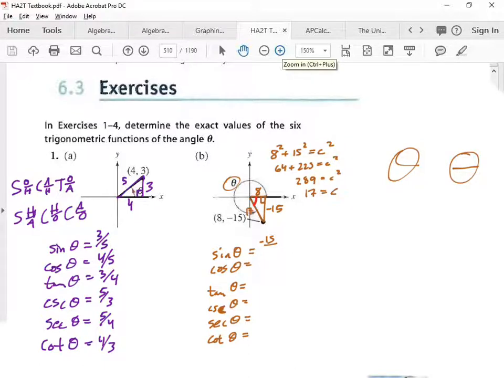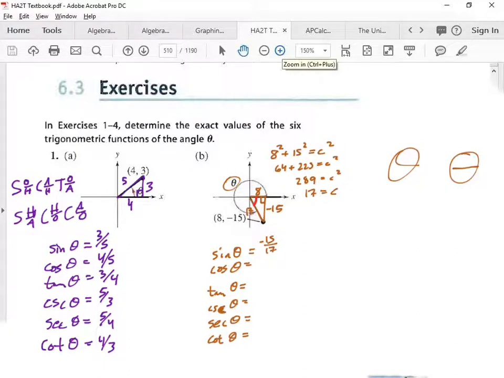One thing to note, hypotenuses are always going to be positive numbers. Adjacent sides and opposite sides, one of those can be negative. All right, so this would be 17 right here.